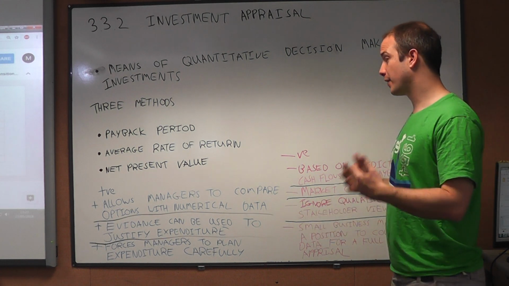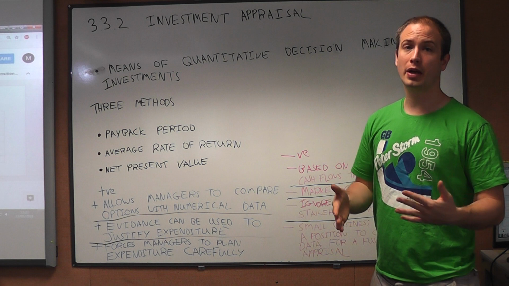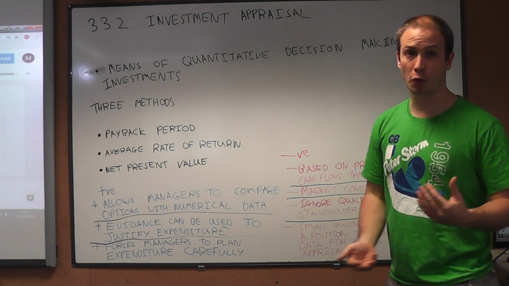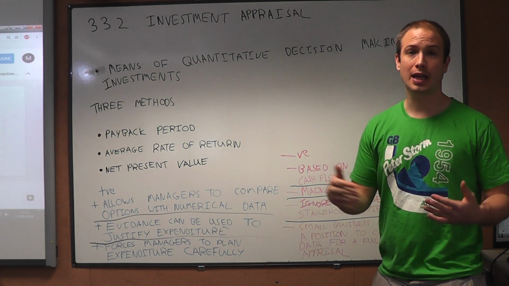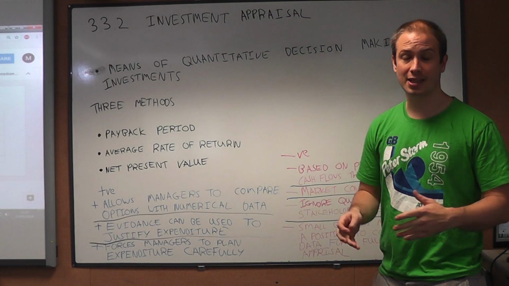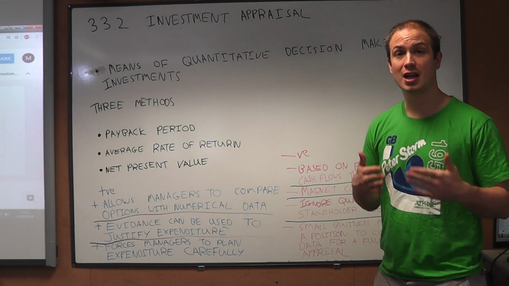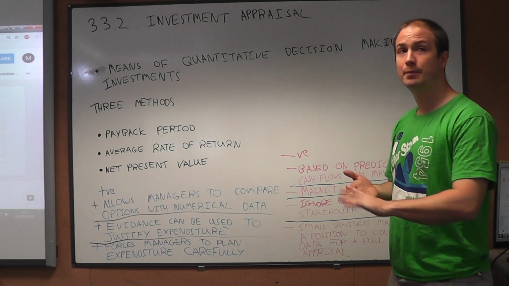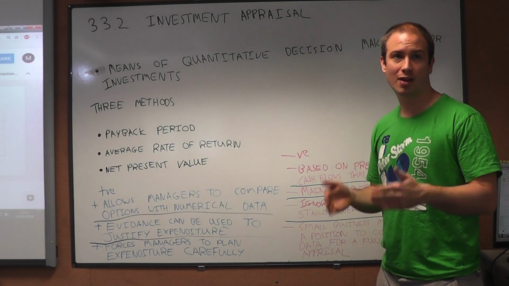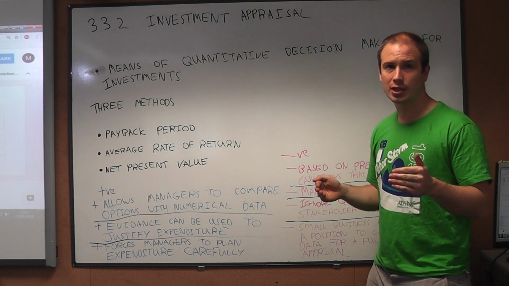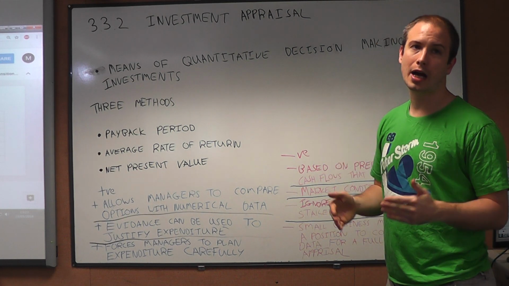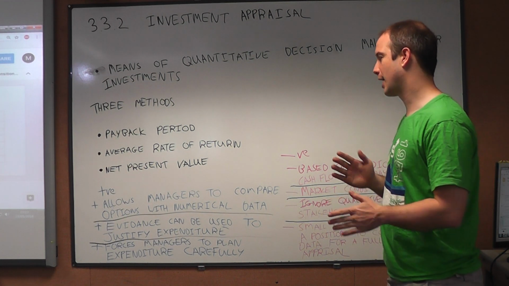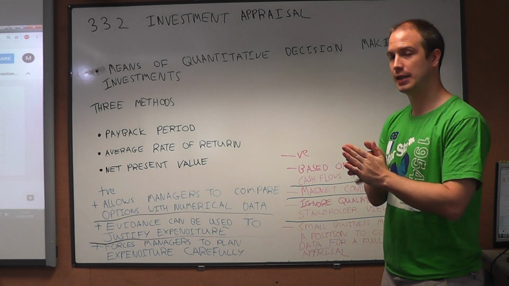And for that reason, the value of money over time falls. So £100 in a couple of years' time will be worth less, or you can buy less with £100 than you can today. Very similar to inflation. It takes into account the time value of money and the opportunity cost of the interest rate. And money in the future has less value than it does today.